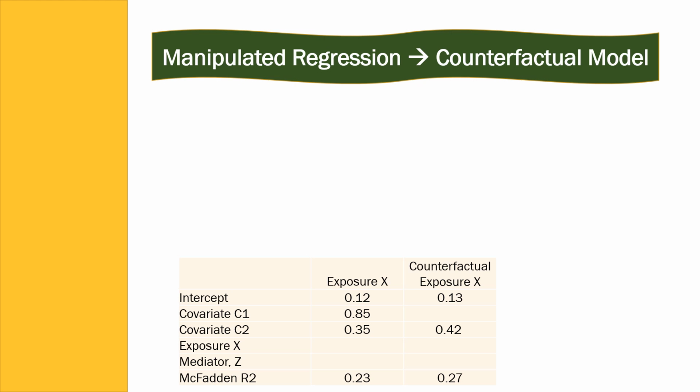So the basic concept of counterfactual construction is that you manipulate the regression equations that are used to construct real models. By this manipulation, you get to a counterfactual model.